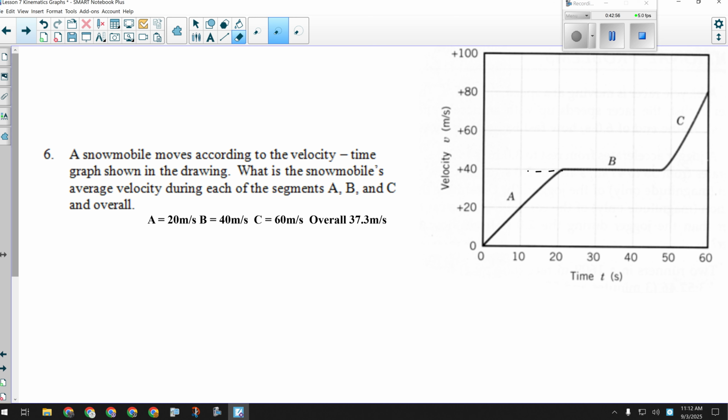Okay, this one goes across to 40. Okay, that one goes across to 80, 20, 50. Okay, so I would like the average velocity of the snowmobile during parts A, B, and C, as well as over the whole trip. Okay, if I want to calculate average velocity, what two things do I need first?